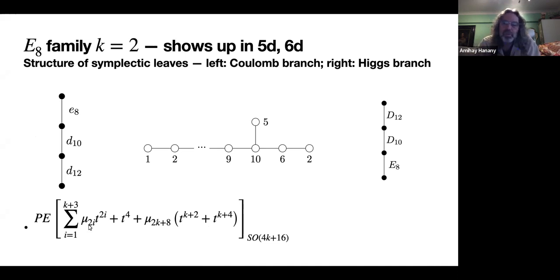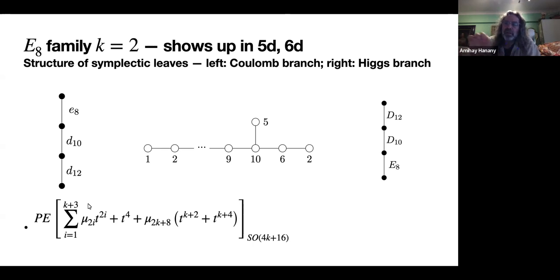So mu2 is the adjoint. mu4 shows up in the second symmetric product of the adjoint, mu6 in the third symmetric product, and so on. So those are representations from the ith symmetric product of the adjoint. So all of those terms are accounted for over here.